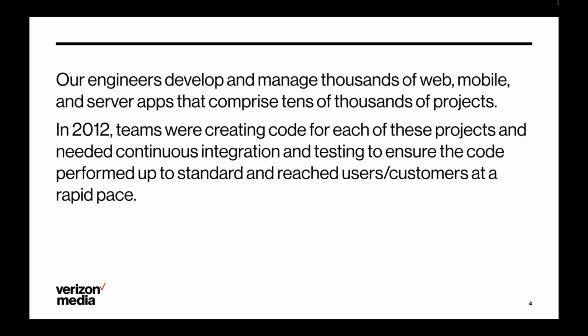So our engineers develop and manage thousands of mobile applications and server apps, and in 2012, we had a situation where teams were creating processes for each of their needs. There were release processes specific to the teams. There was testing, both manual and automated, that was very specific and localized to their teams.